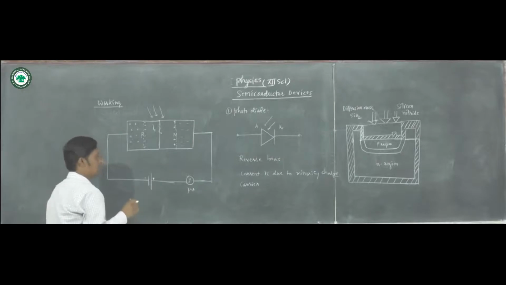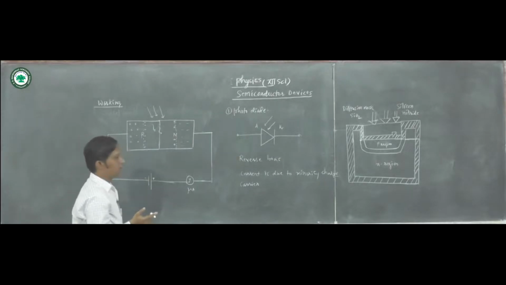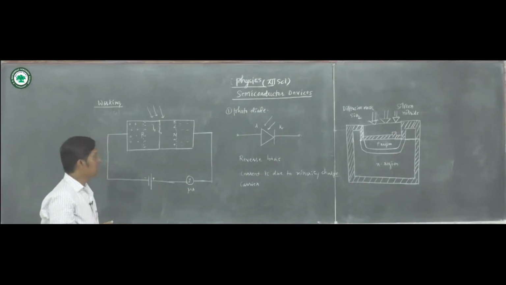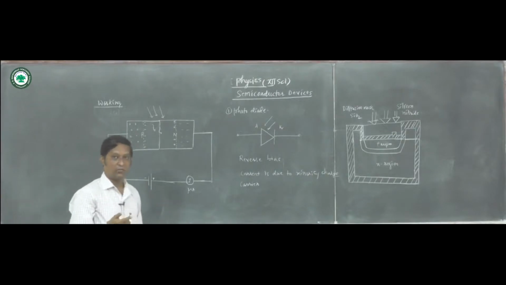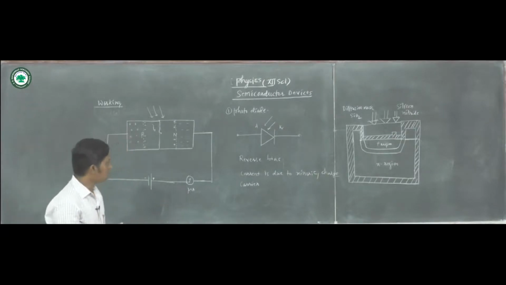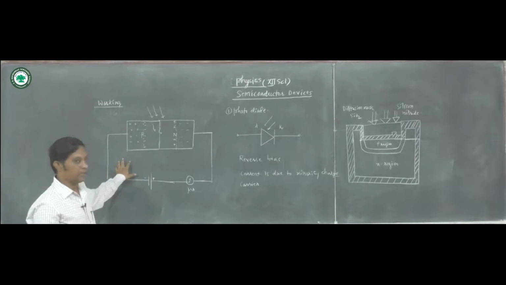After it is exposed to the light, that light energy must be greater than the band gap of the semiconducting material which is used to fabricate this photodiode.